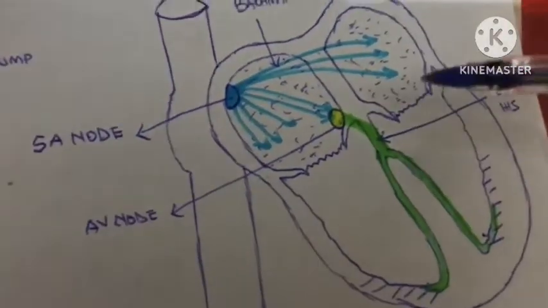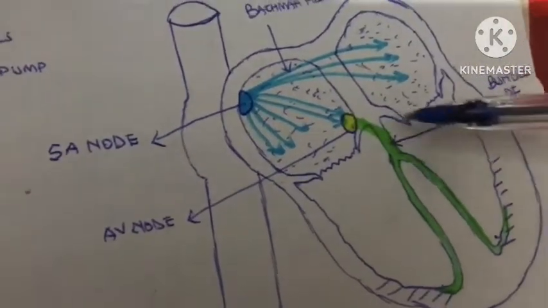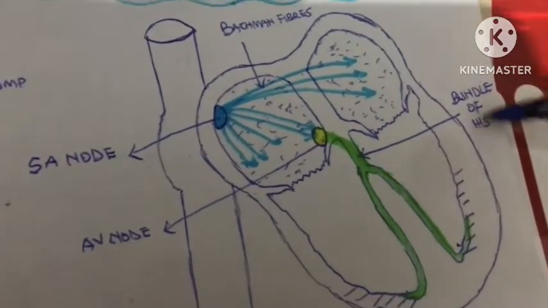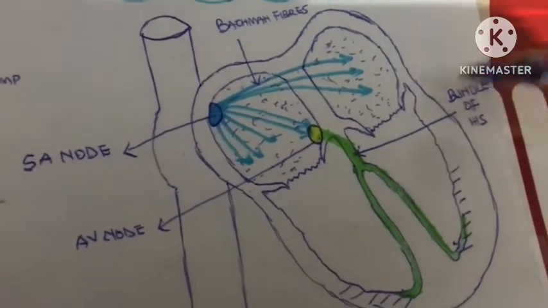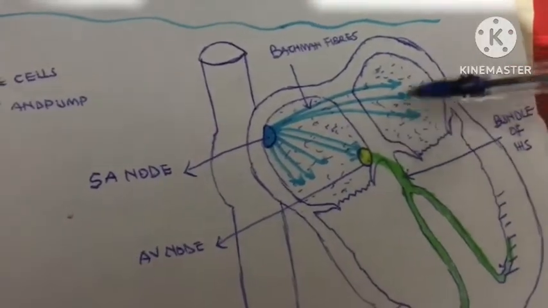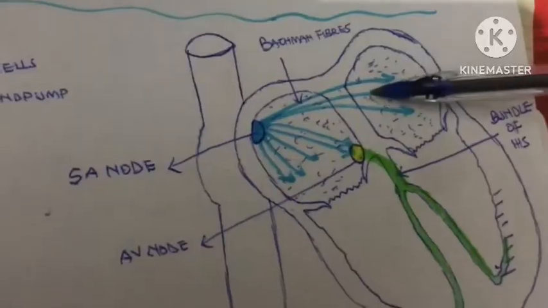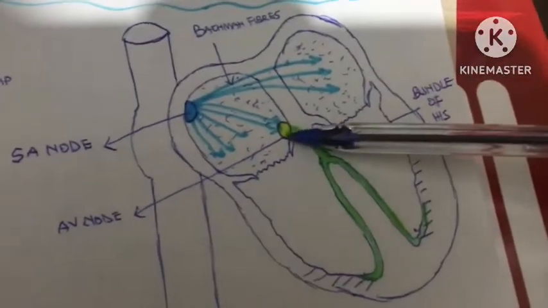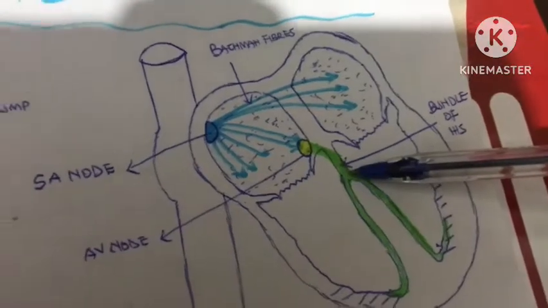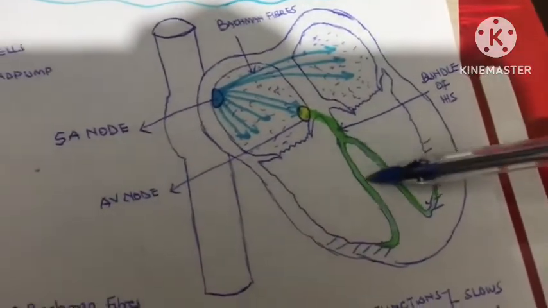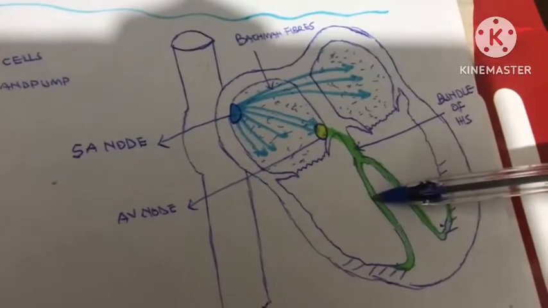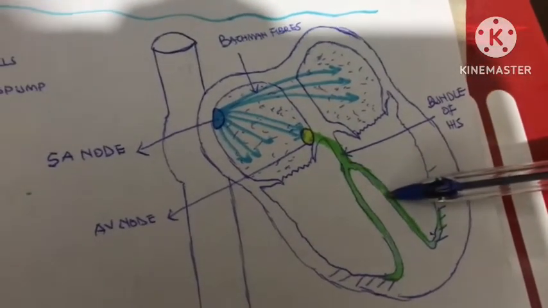So this AV node sends the signals through the structure we call the bundle of His. The SA node and AV node are responsible for stimulating the atrial chambers, and the AV node sends the electrical impulses through the bundle of His, which divides into two to form the right bundle branch and the left bundle branch.